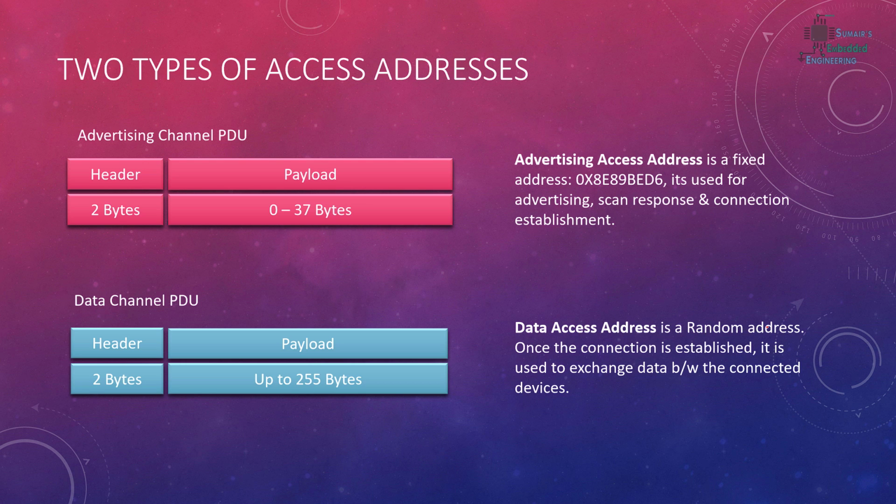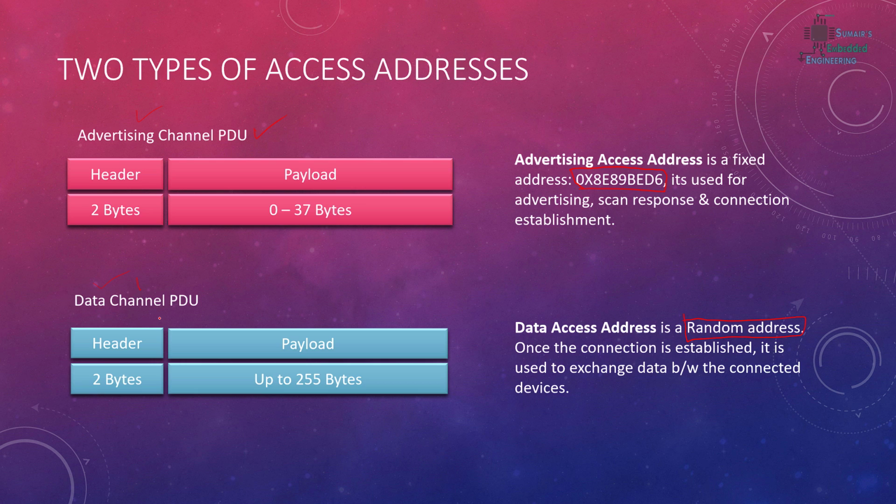Previously I discussed that there are two types of access address: the advertising access address, and then the data access address. Basically, if the PDU is advertising, then we have this special address as our access address, and if it's data, then it's going to be a random address.